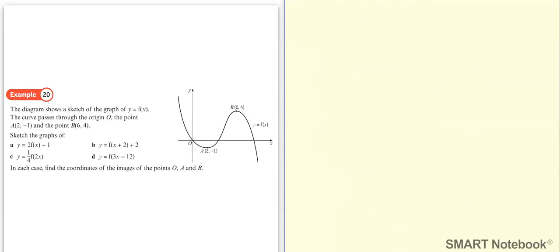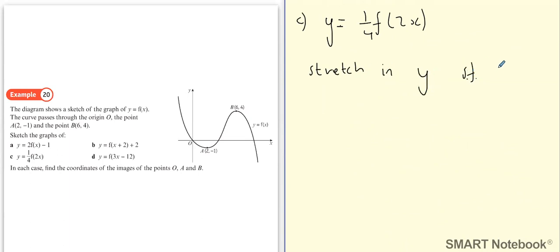Now, part C, you can tell that we have got 2 stretches, and because those 2 stretches affect different coordinates, it doesn't matter which order we do them in. So stretch in Y, scale factor 1/4, stretch in X, scale factor 1/2.